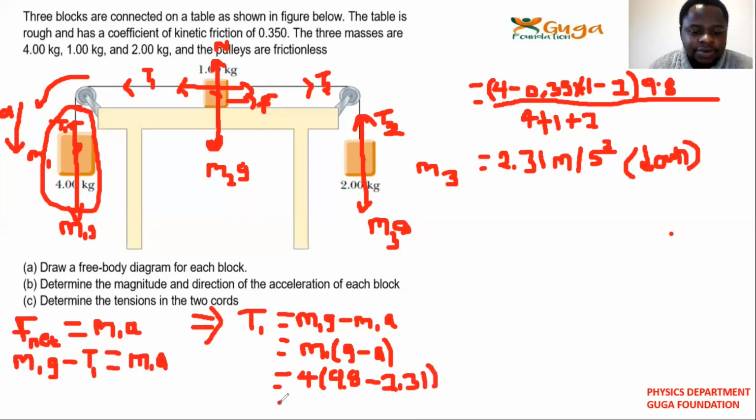When you put it in a calculator, it's simple. You should get about 29.96.